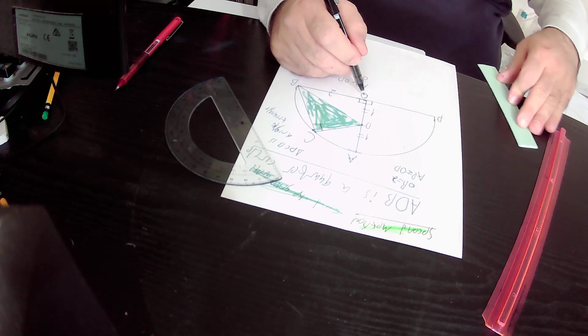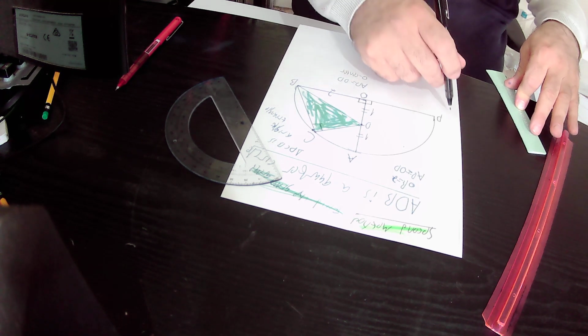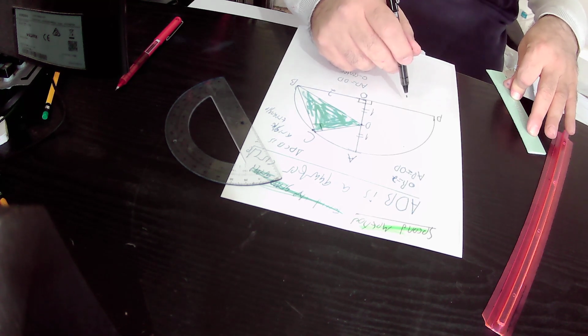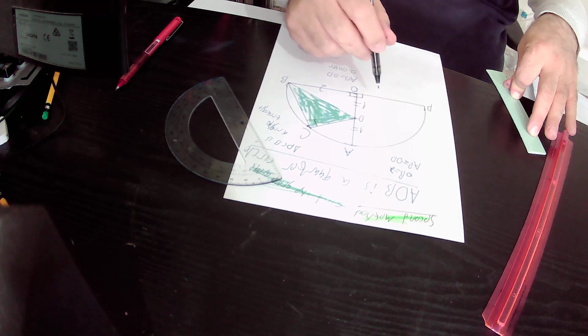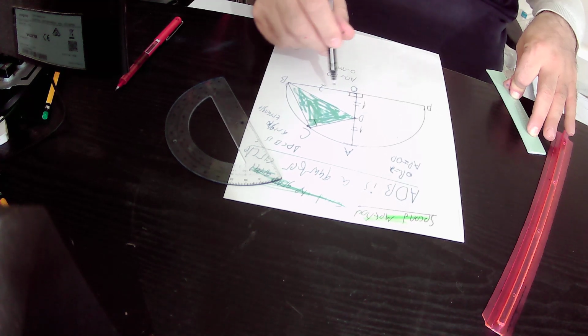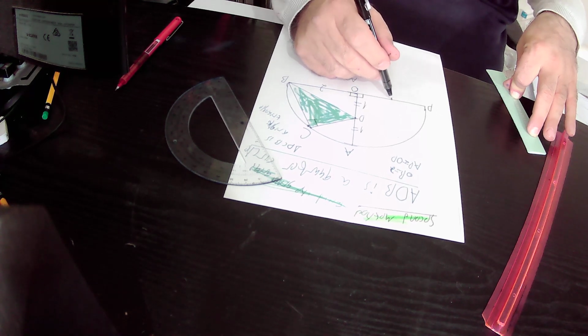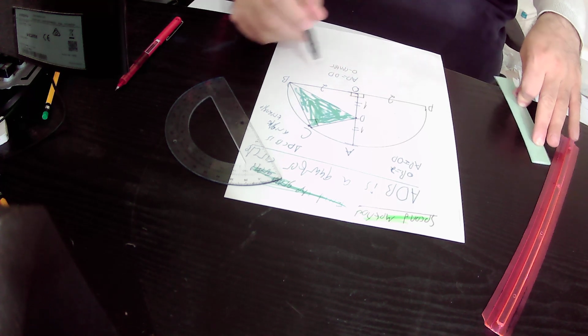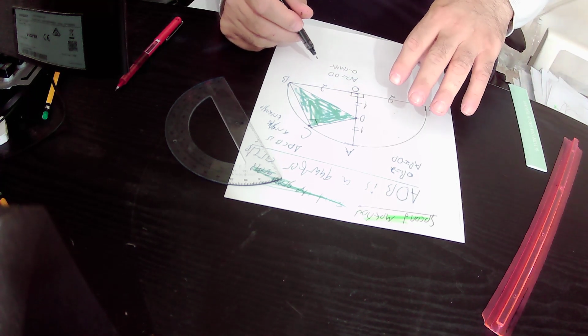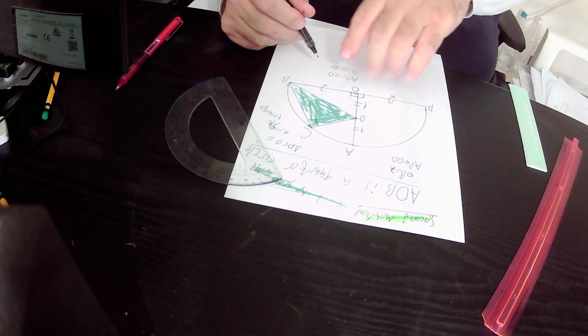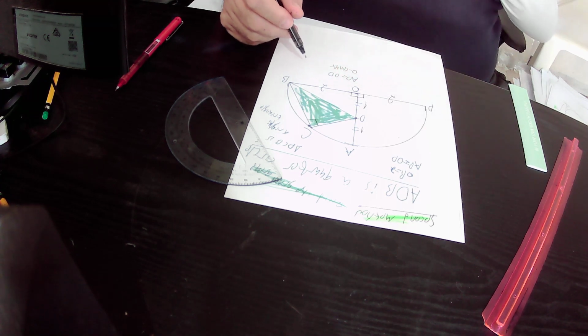The point O is the center of the semicircle, and point P is a point on the semicircle itself. This is exactly the definition of a radius. That is to say, PO is the radius of the semicircle, equal to 2 units, because the radius of the semicircle is the same as the radius of the quarter circle, 2 units.